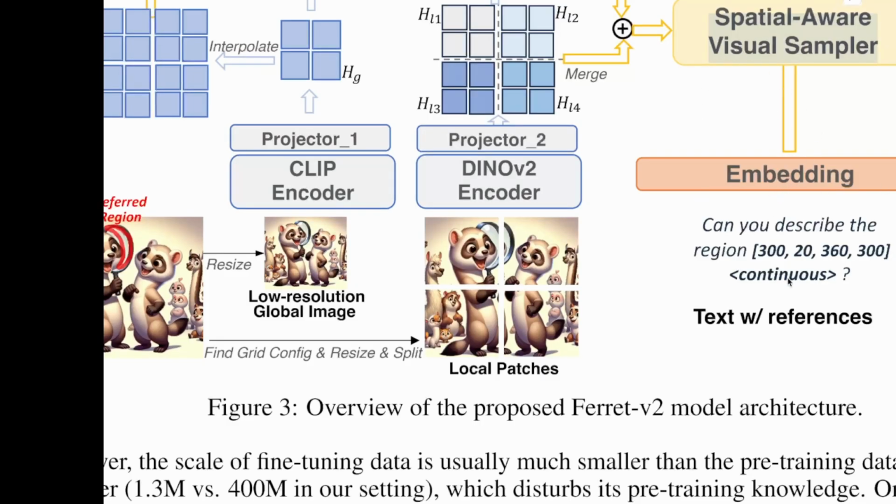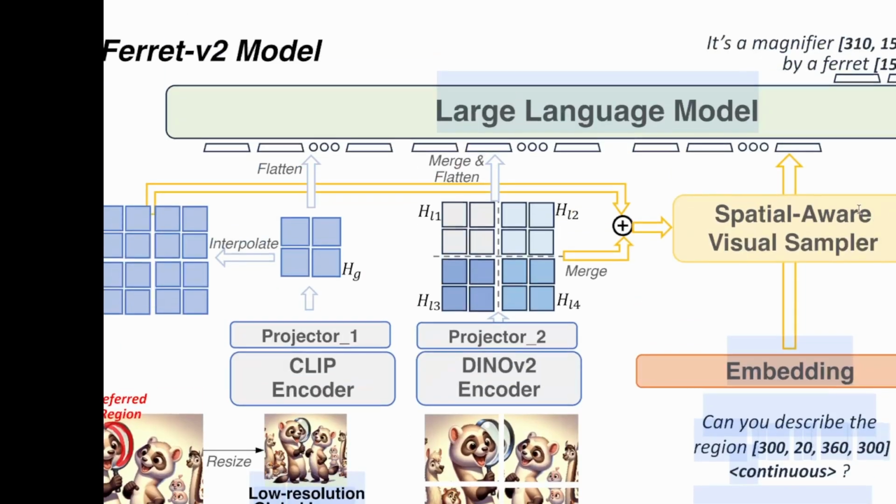So then we have, for a text, like, can you describe this text and describe this object in this region? And these are some continuous features of that object, and they embed these ones. This is for training this continuous explanation. And then they use this text and some attention mechanism for a visual sampler and pass it to the language model.